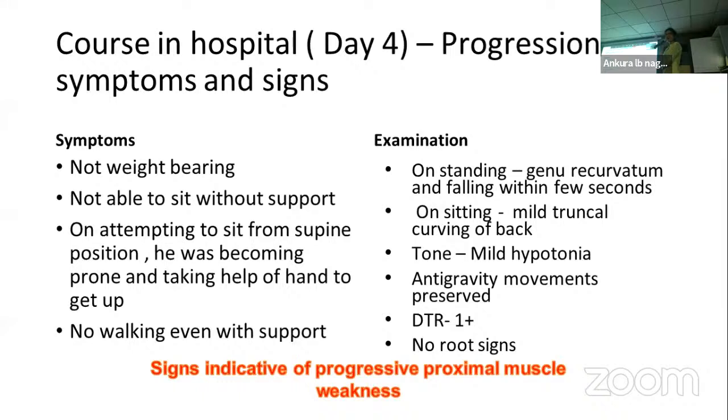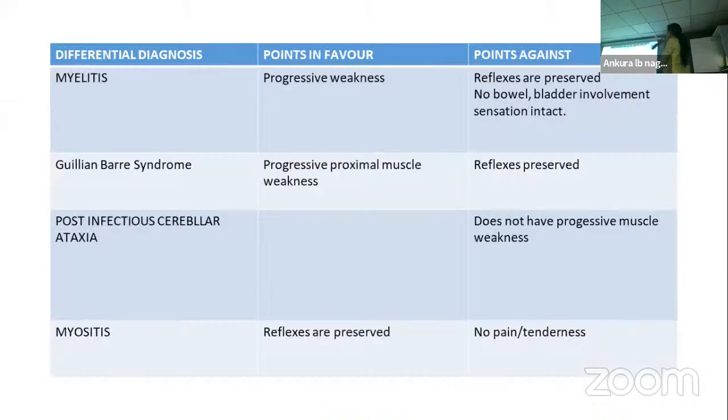Now the child had evolved progressive proximal muscle weakness. Post-infectious cerebellar ataxia came down in the differential diagnosis, with myelitis and GBS becoming more favorable. Points favoring myelitis are this progressive weakness, though reflexes are preserved, with sensations intact and no bowel or bladder involvement.